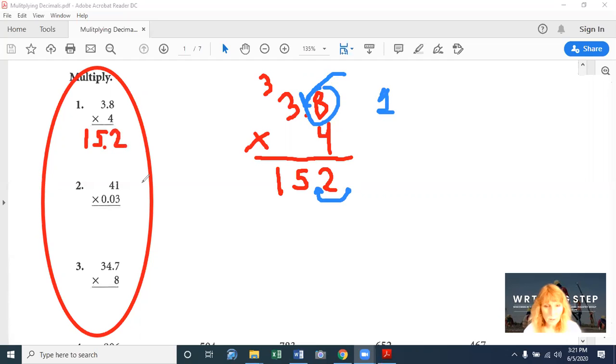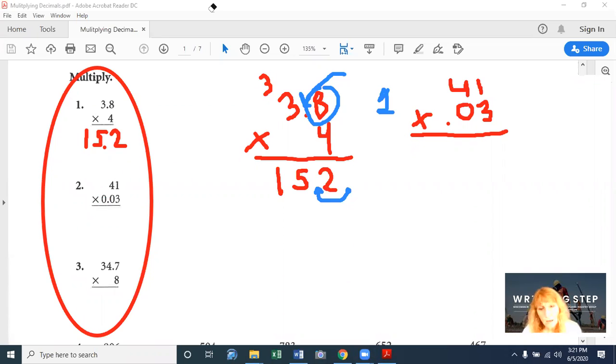The next one is 41 times 0.03. Now I'm going to drop the 0 in front of the 0.03 because that just gets more confusing when you're multiplying. That is an unnecessary 0, so you can just cross out that first 0.